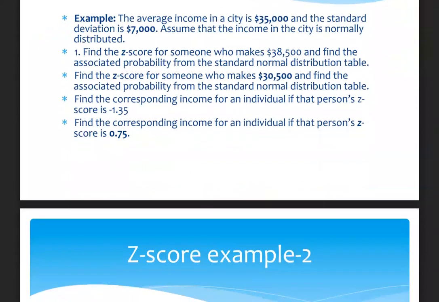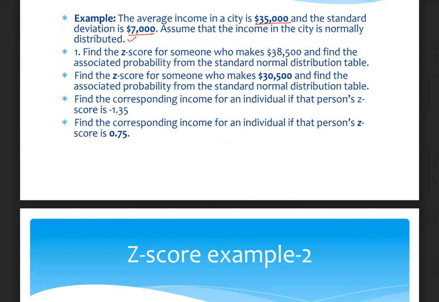So the average income in a city is $35,000 and standard deviation of $10,000. Assume that the income in the city is normally distributed. So for simplicity, we are assuming that income distribution is pretty much normal.